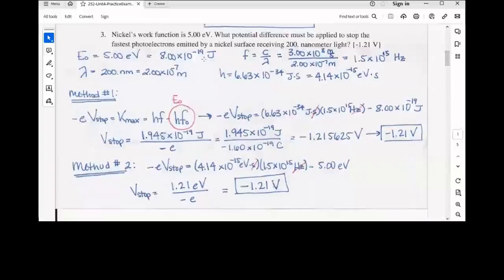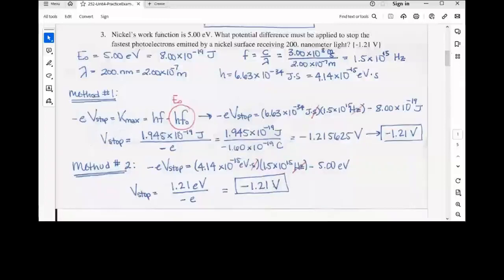I've converted that into joules because there are two different ways you can solve this problem. For one, the wavelength is 200 nanometers; when I convert that to meters and then calculate the frequency, I get 1.5 times 10 to the 15 hertz.